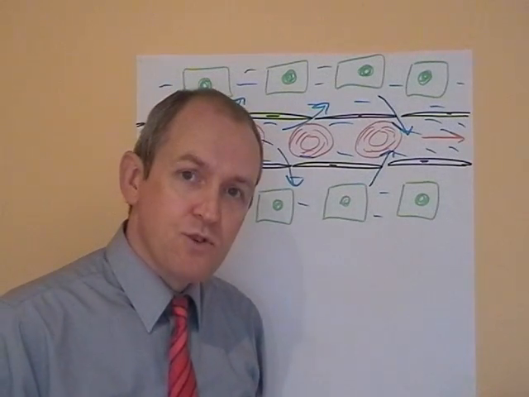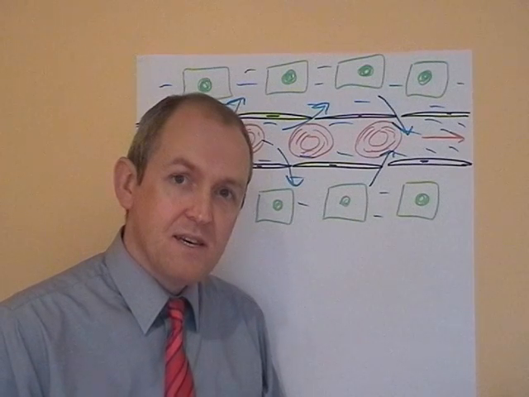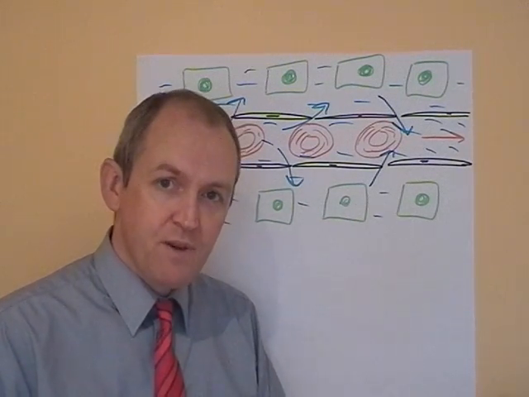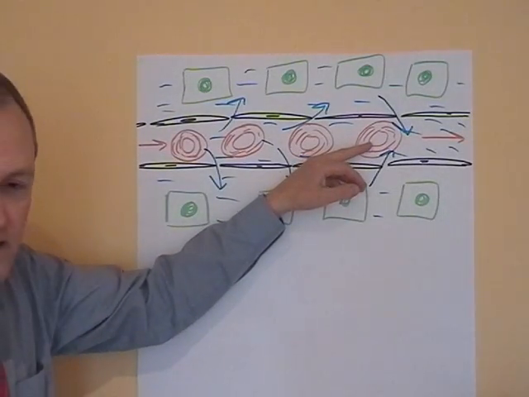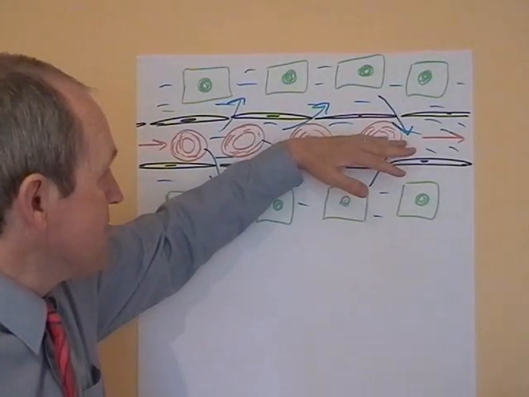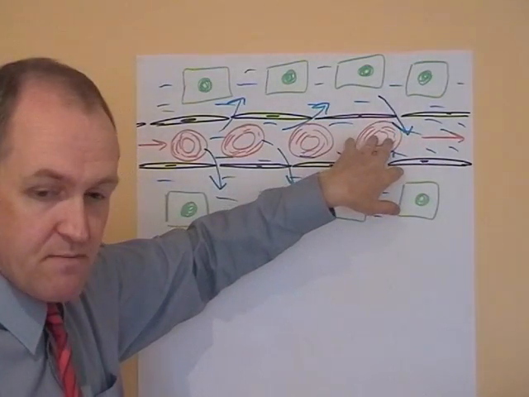Because water is reabsorbed at the venous end of the capillary in health because the osmotic pressure is greater than the blood pressure. So the blood pressure here has probably dropped to something like 14 millimetres of mercury. In health, the osmotic pressure is going to be something like 26 millimetres of mercury.